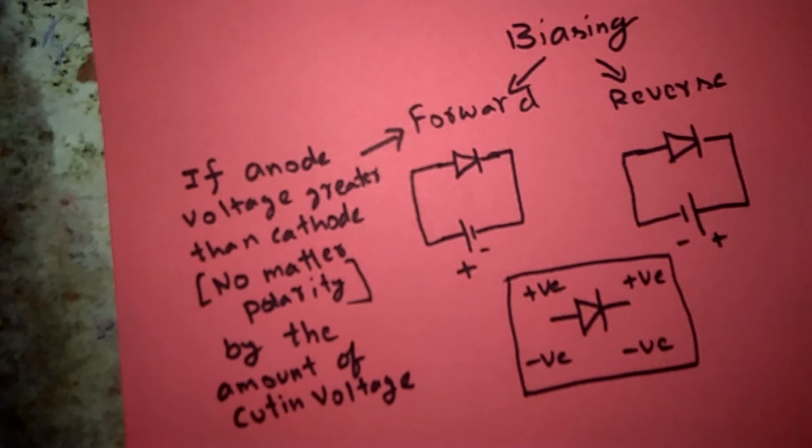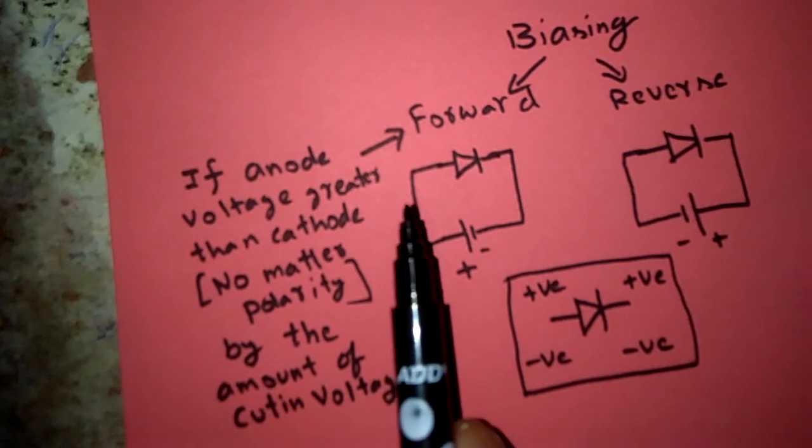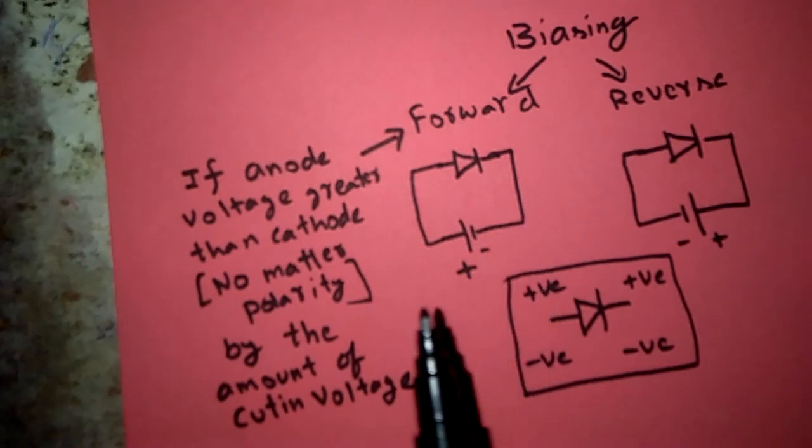The remaining conditions are the same. That means in forward bias, diode acts like short circuit and conduction will take place. If anode voltage is greater than cathode voltage by the amount of cut-in voltage, then it is called forward bias. Otherwise, it is called reverse bias.